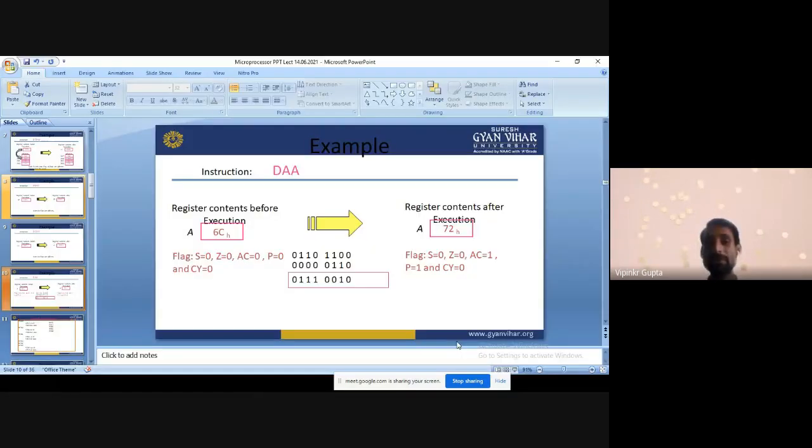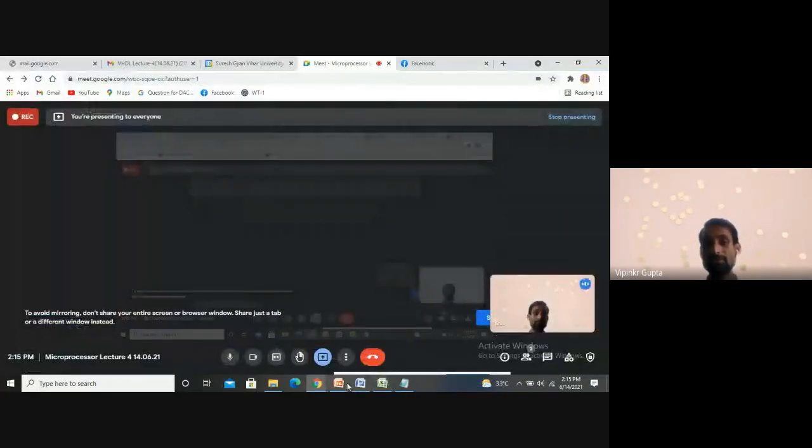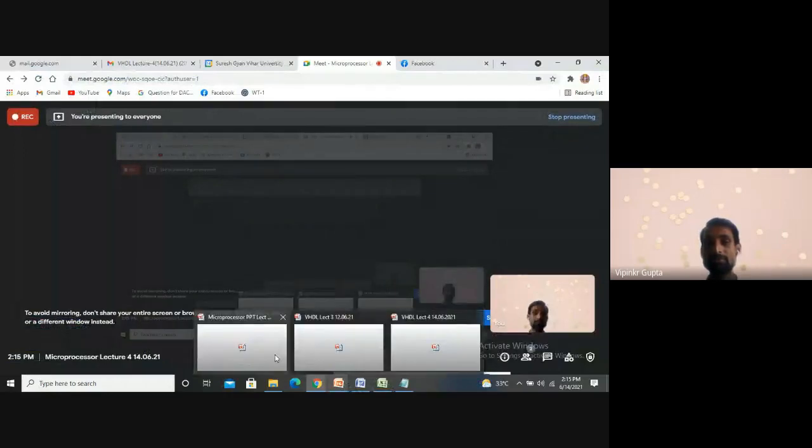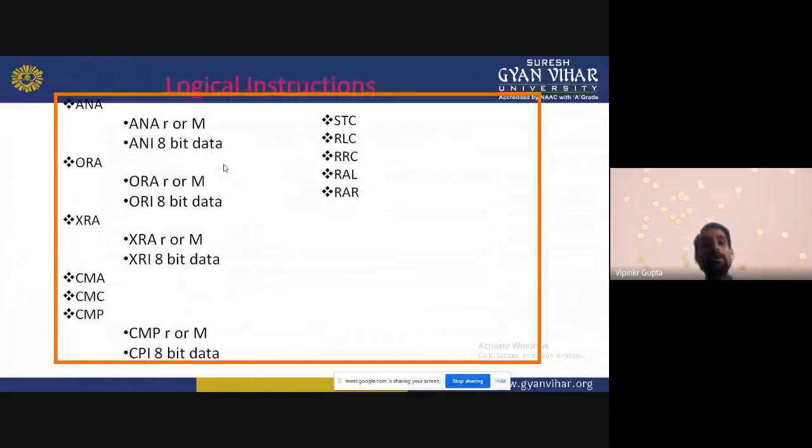Yes. So we are coming to ANA, that is the AND operation. AND operation we can do accumulator data and register data or memory data.